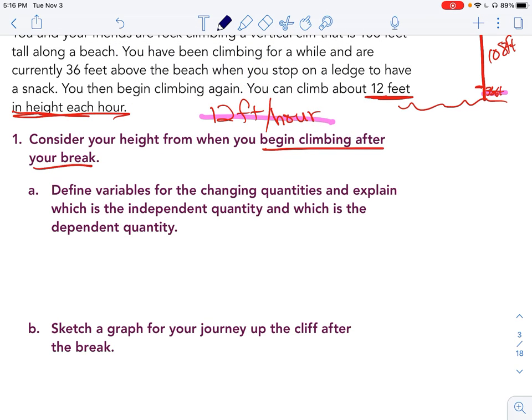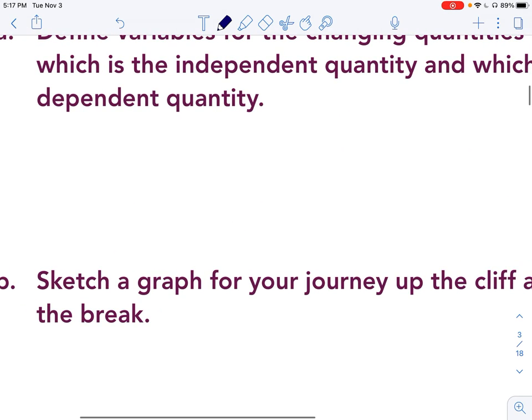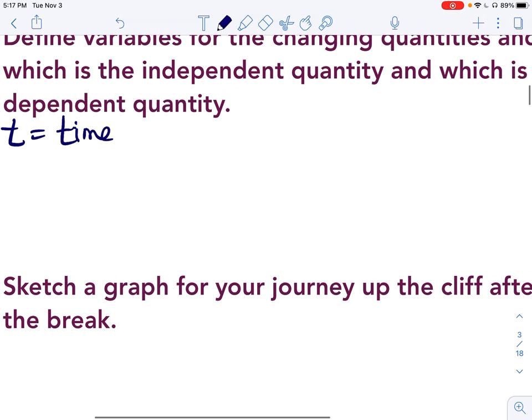Define the variables for the changing quantities and explain the independent and dependent. So time, guys, most of the time, time in hours, that is going to be my independent.